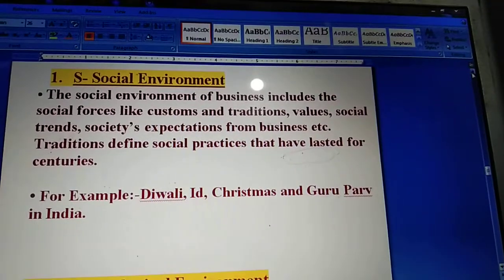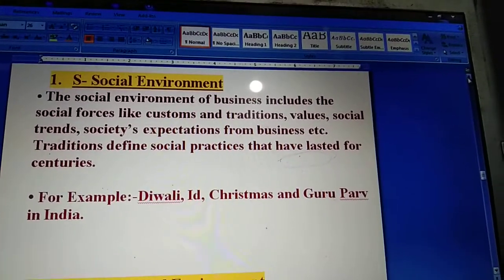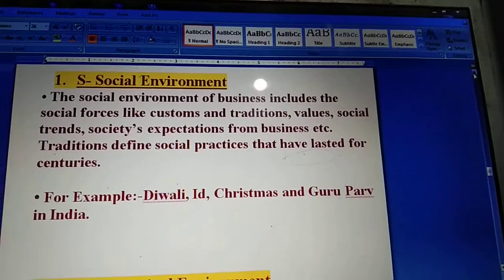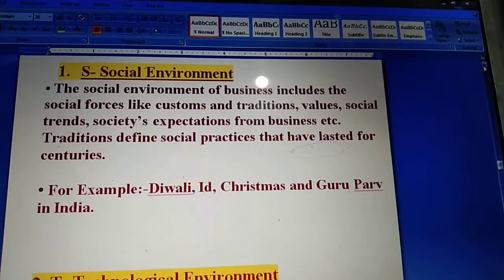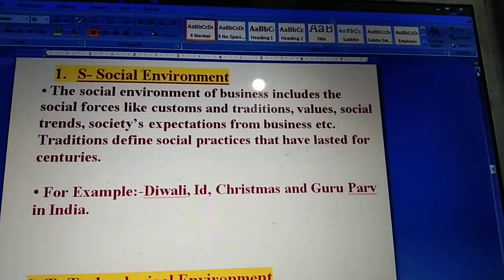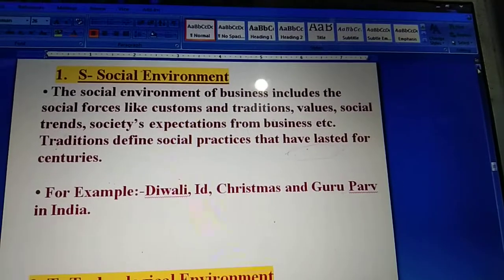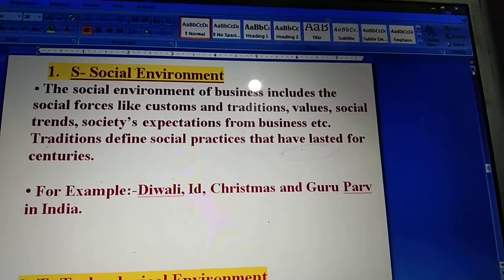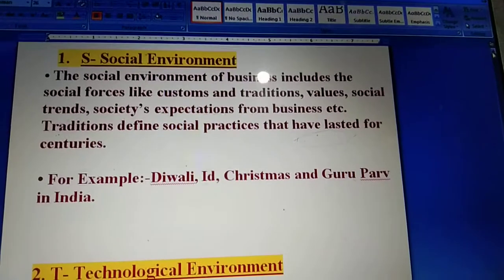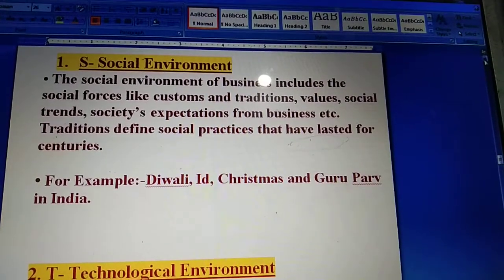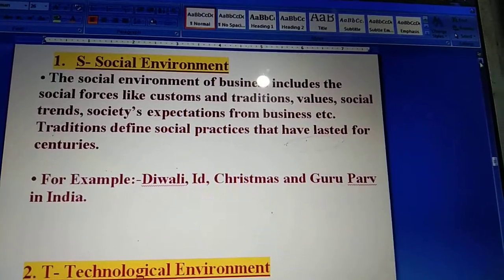For example, when we have Diwali, Eid, Christmas and Guru Parv in our country, we celebrate in a huge manner. At the time of Diwali, we give gifts, sweets and cards to each other. That is the time when the demand for sweets, cards and gifts increases.